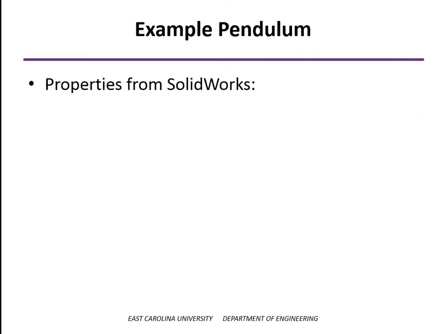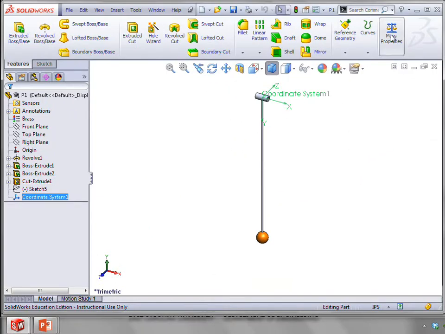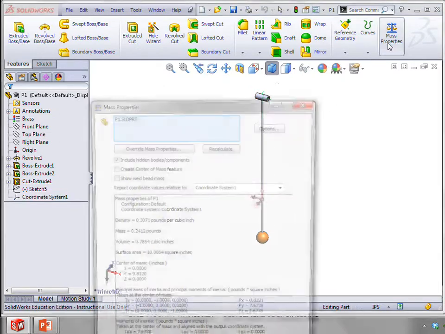But as we said, in our case, we're going to look at a pendulum that does not have a massless rod, and so we can use SolidWorks to get some of our properties. Let's go back and look at that again. If I go to mass properties here, by the way, you notice that I've defined a coordinate system because I want to know what the mass moment of inertia is about this local x-axis here.